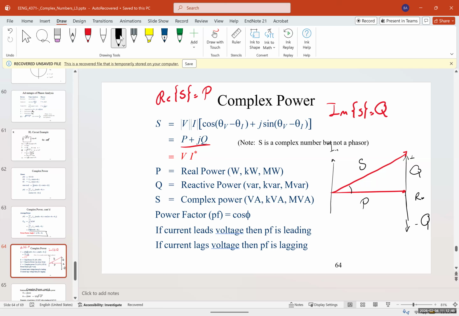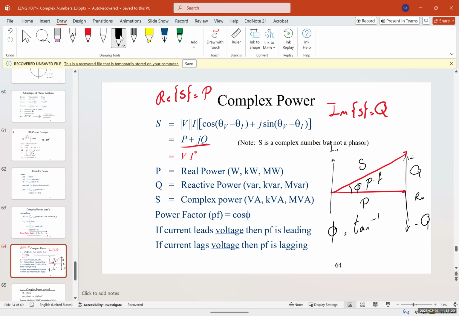Now, what is this angle here? What is this called? Theta or phi. What is this angle? Yes, it's the power factor angle. So I'm going to call it phi.